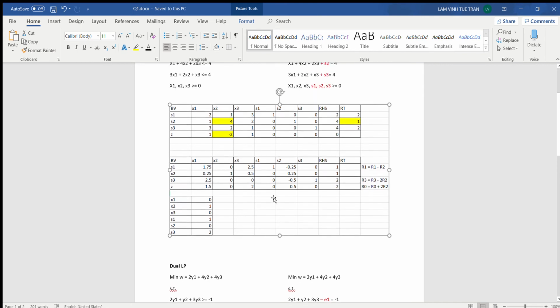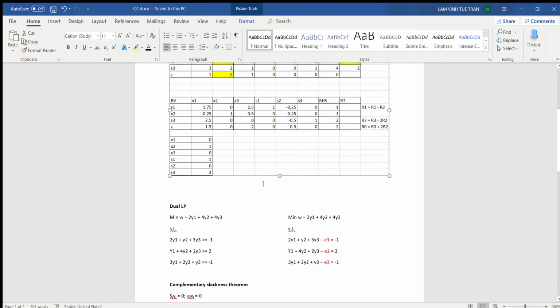So the result of this linear program is z equals 2, with x1 equals 0, x2 equals 1, x3 equals 0, s1 equals 1, s2 equals 0, and s3 equals 2, because here we can see the basic variables s1 is 1, x2 is 1, s3 is 2, and x1, x3, and s2 are not basic variables, so they are equal to 0.